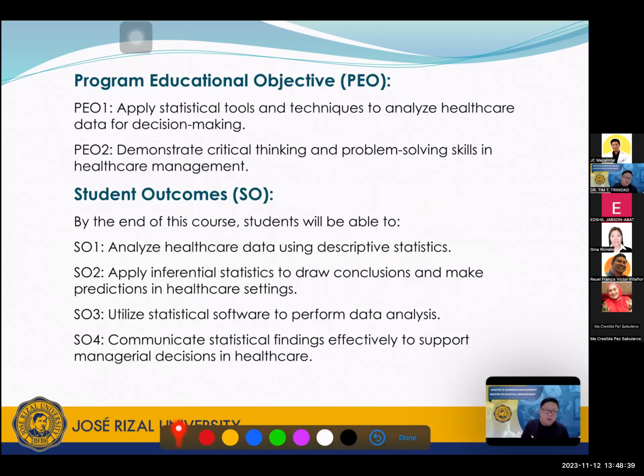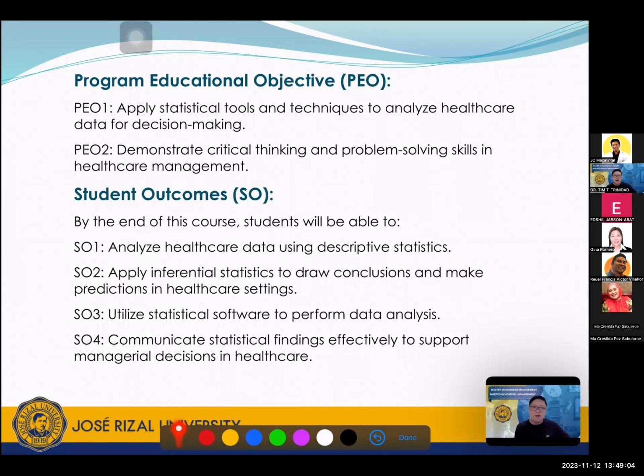So our program educational objective is that we hope that you will be able to apply your statistical tools and techniques to analyze your healthcare data for decision making, and you will be able to demonstrate your critical thinking and problem-solving skills in healthcare management. As students, we expect that by the end of this course, you will be able to analyze your healthcare data using descriptive statistics at least.